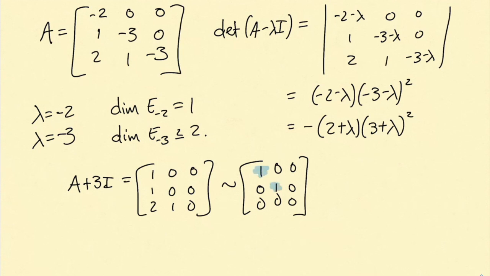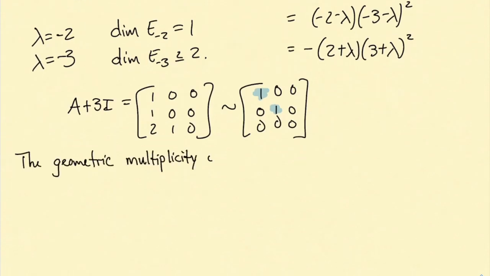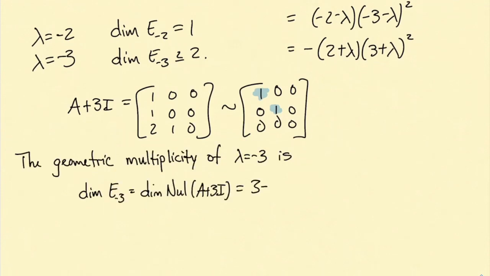Since the null space of A plus 3I is the eigenspace E sub -3, the rank nullity theorem tells us the dimension of E sub -3 is 3 minus the rank of A plus 3I, which is 3 minus 2 equals 1, which is strictly less than the algebraic multiplicity of the eigenvalue -3.